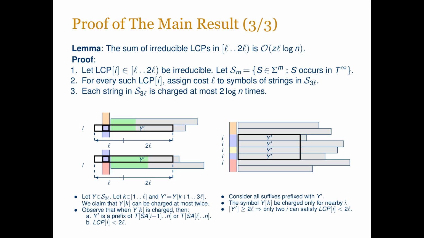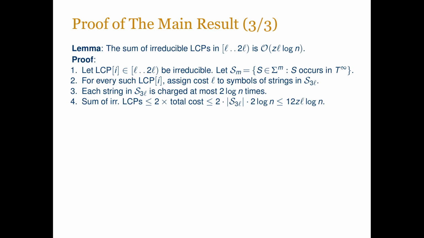Observe, however, that the length of y prime is at least 2L. Thus, out of all these candidates, there are only 2 positions for which the LCP value can be less than 2L. We have therefore proved that each of the strings in S3L can be charged at most 2 log n times.